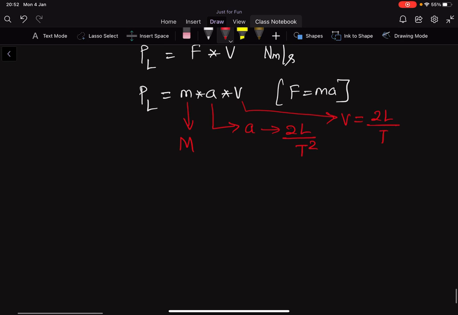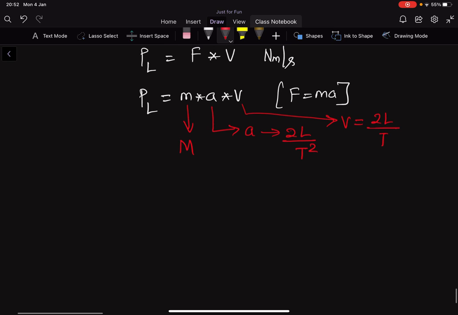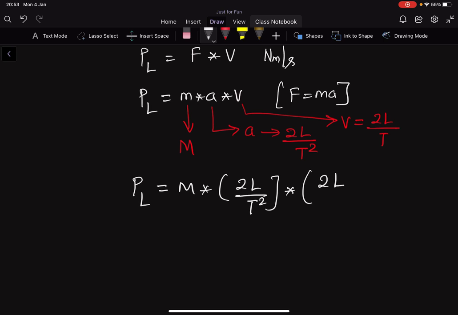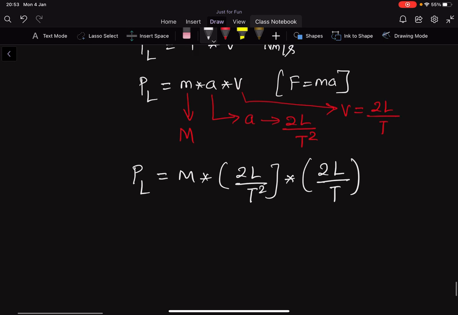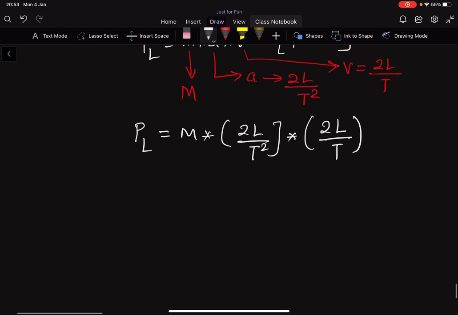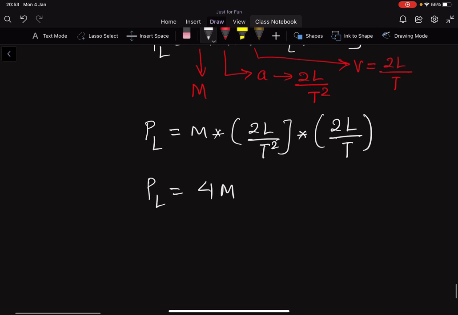So if we substitute those values, we are going to get PL equals m times our acceleration, which is L divided by t square, times L divided by t. So let's simplify this further. We are going to get PL. We have m, and then we have L and L, we're going to get L square.